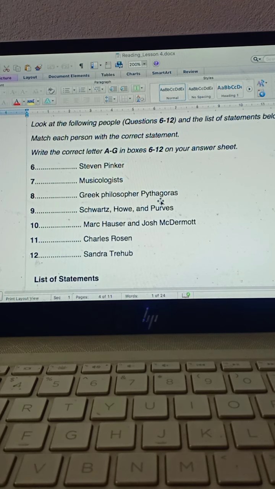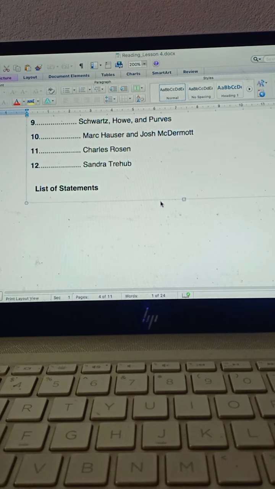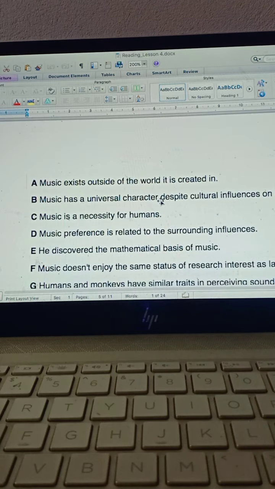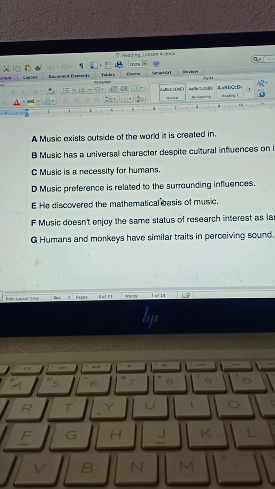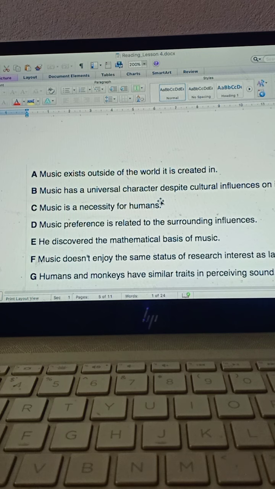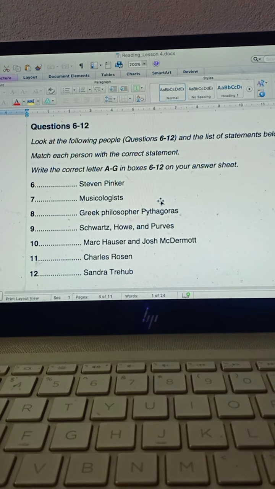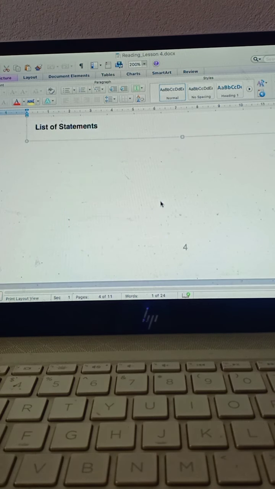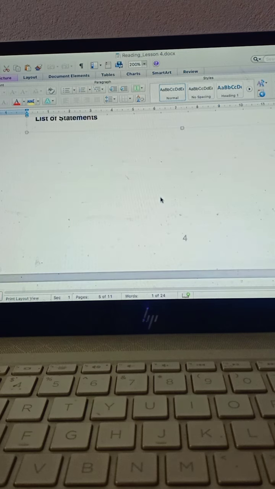They give you the following names, or groups of people, from 6 to 12. And then we have the list of statements from A to G. And in this one, if you remember, I told you at the very beginning of the reading course, whenever you have proper names, you can find the names more easily and more quickly than other words or phrases.